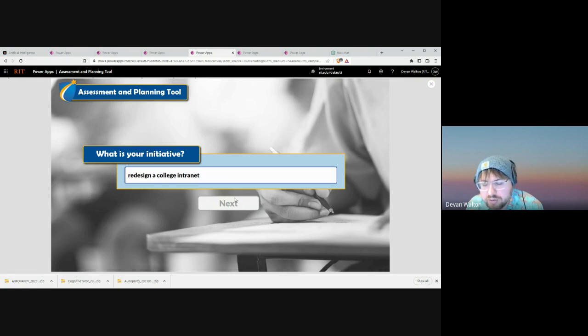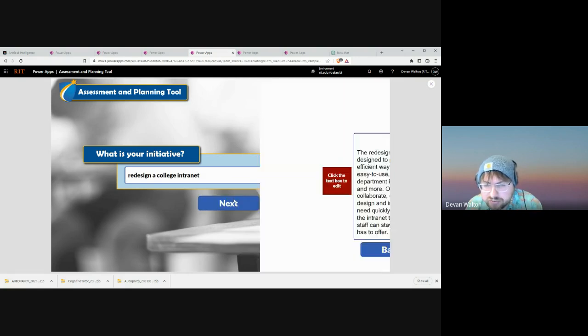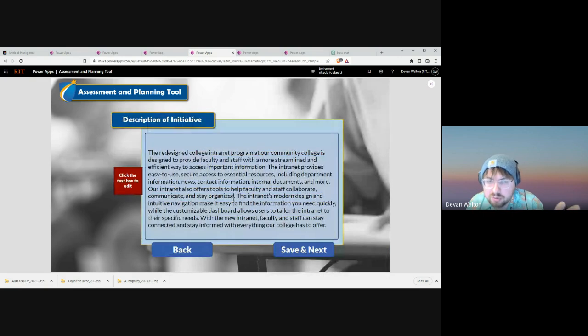And what that plan will involve is a professional sounding description that covers what some of the objectives might be for this. So here we have the description of the initiative. The redesign college internet program at our community college is designed to provide faculty and staff with a more streamlined and efficient way to access important information. So this could be a pretty reasonable start for summarizing what you want to do.